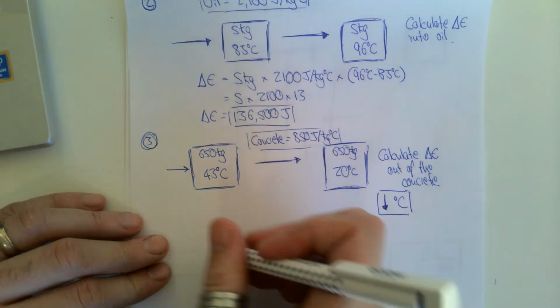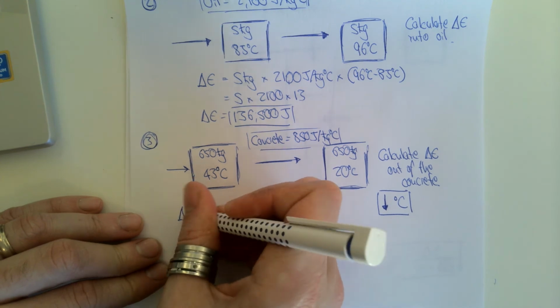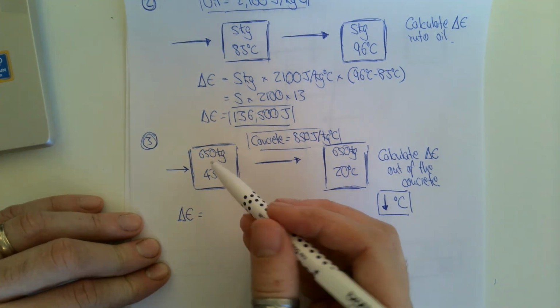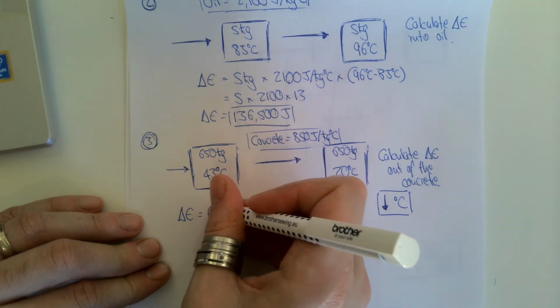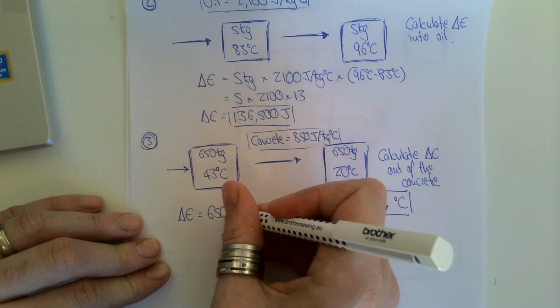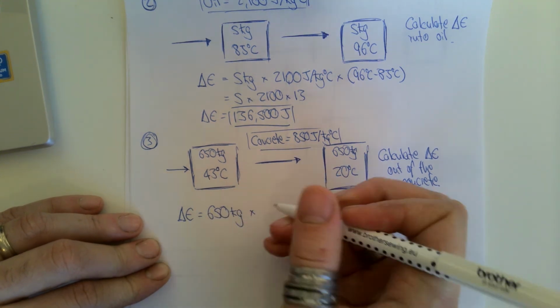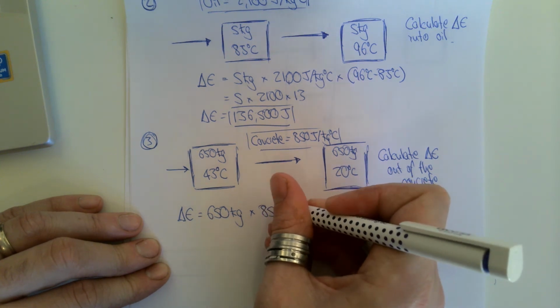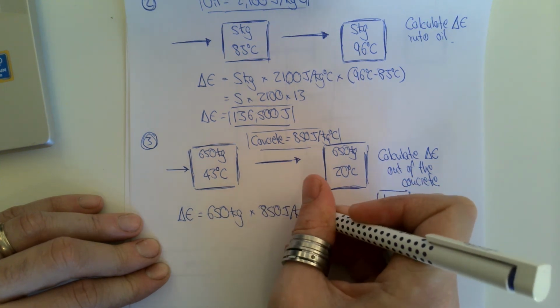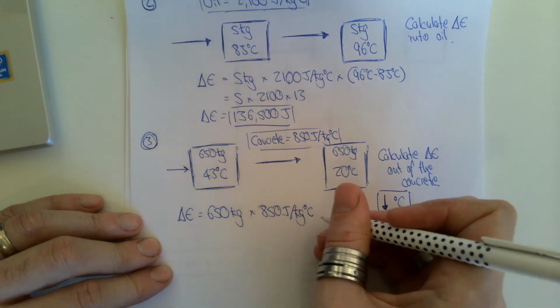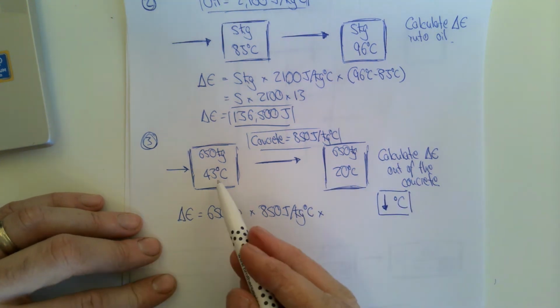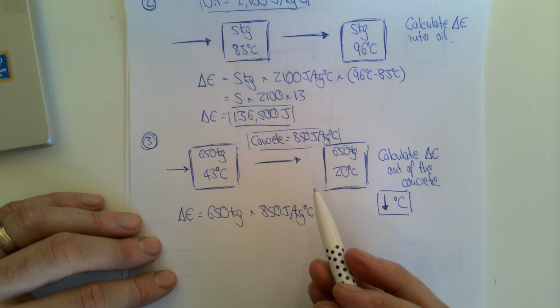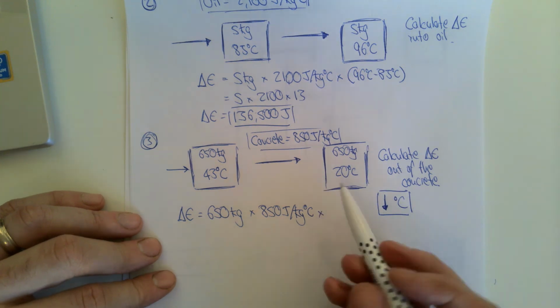So, our energy transferred. What's our mass? 650. What's our specific heat capacity? 850 joules per kilogram degrees Celsius. Times our temperature change. So 43 minus 20.